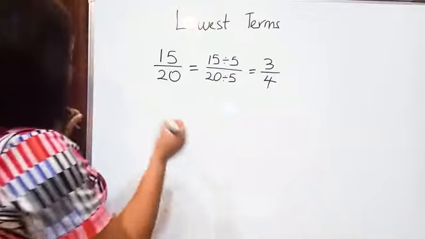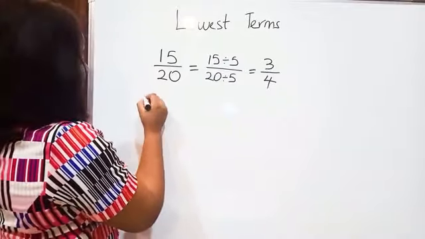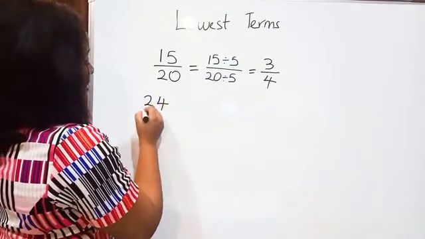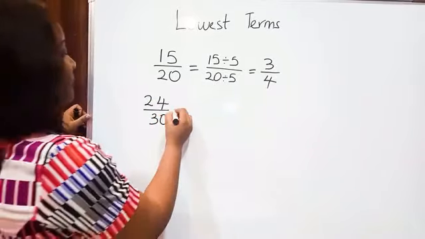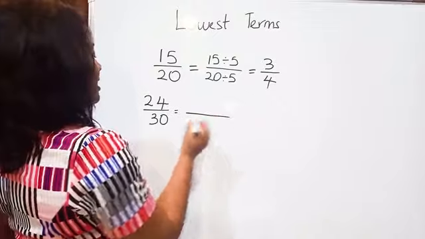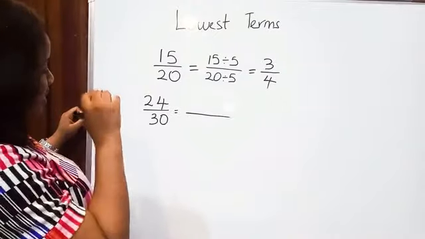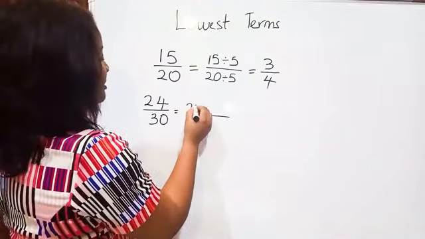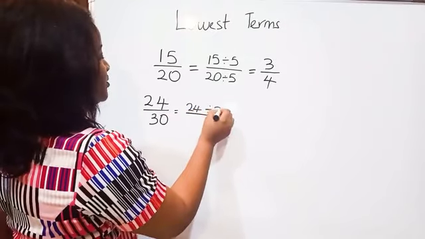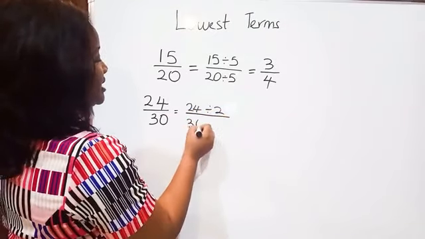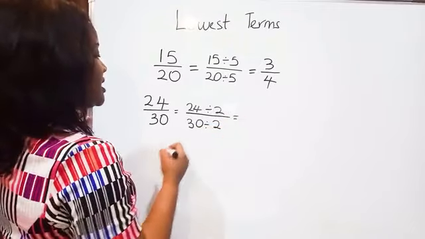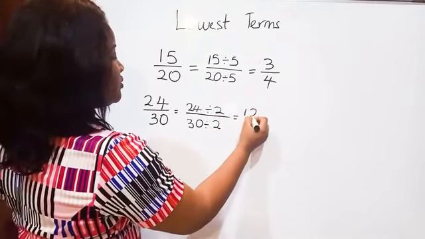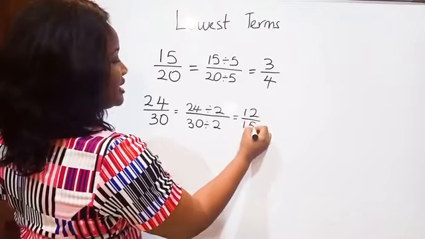Another one, let's look at 24 over 30. We are sure 2 can go between the two of them. So 24 divided by 2 and 30 divided by 2 gives us 12 over 15.